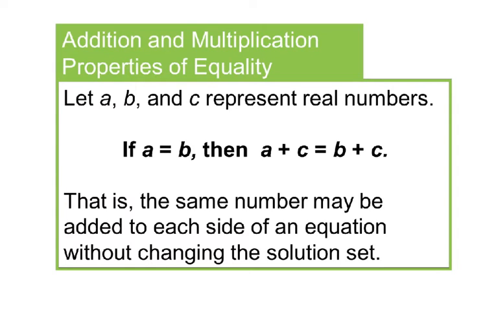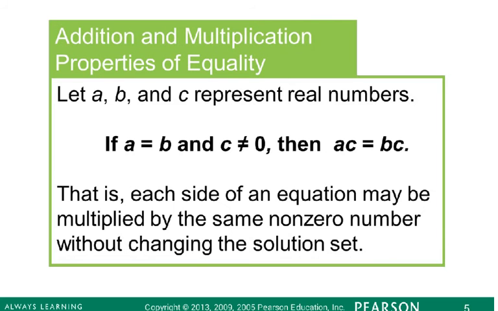Addition and multiplication properties of equality. We've learned these before in previous algebra classes. For the addition property of equality, this means we can add the same thing to both sides of the equation and nothing changes in the equation. Just simply adding or subtracting things on both sides of the equation.